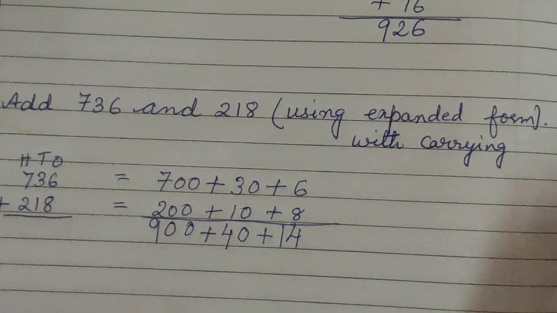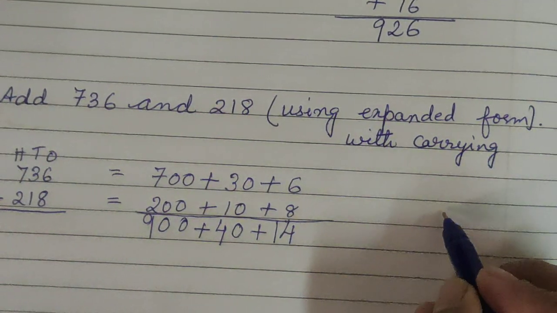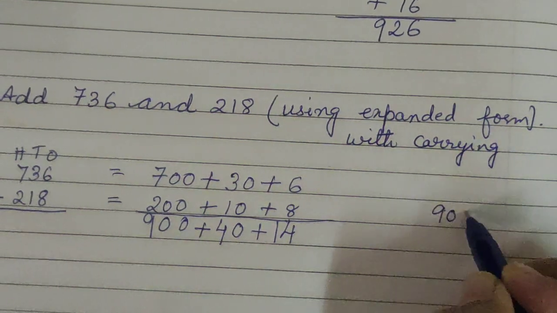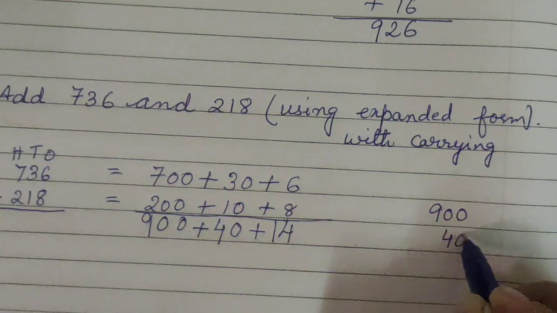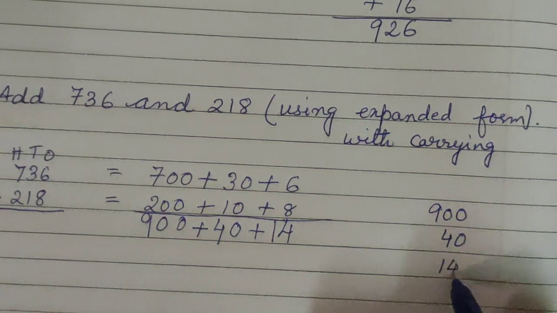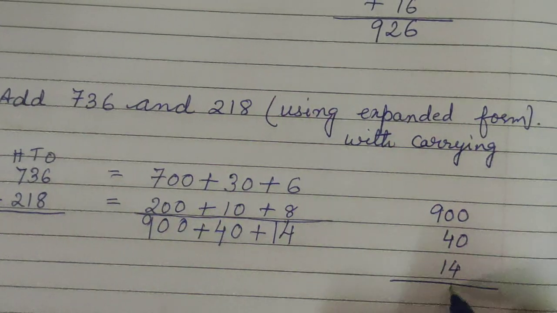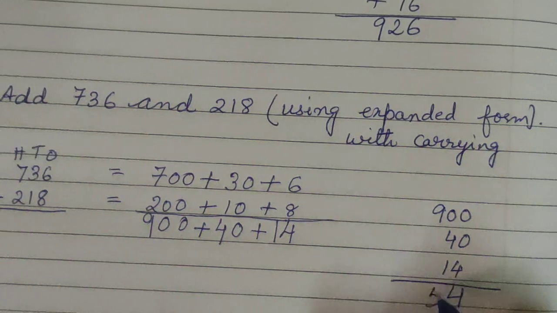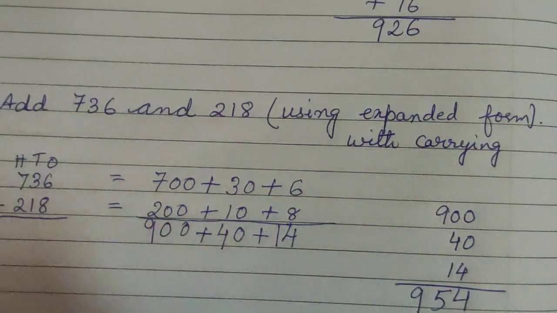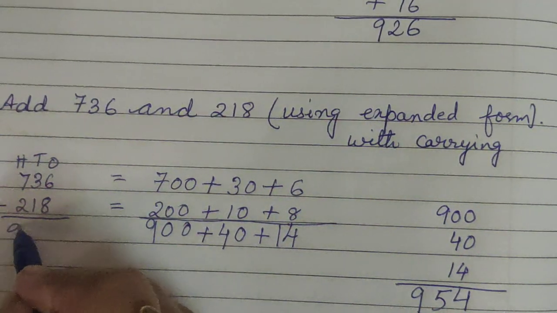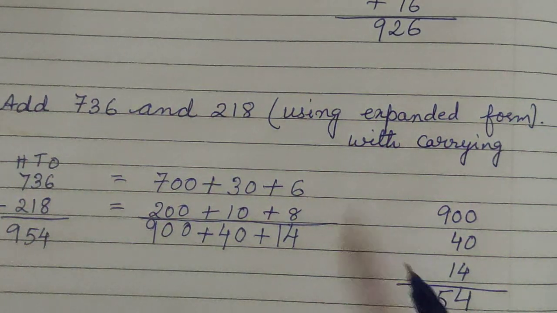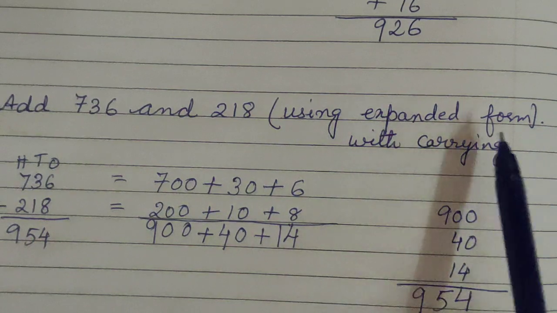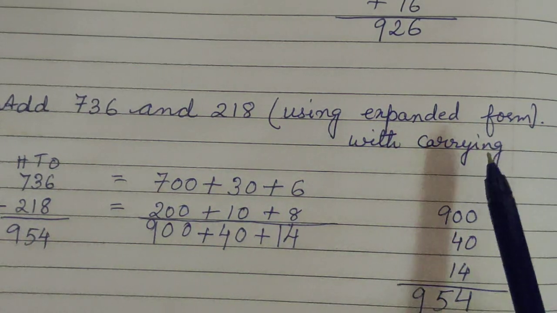Okay. Now separately you can do it. 900 plus 40 plus 14. So 4, 5, 9. What will be the answer? 954. So this way you can do the addition by using the expanded form method.